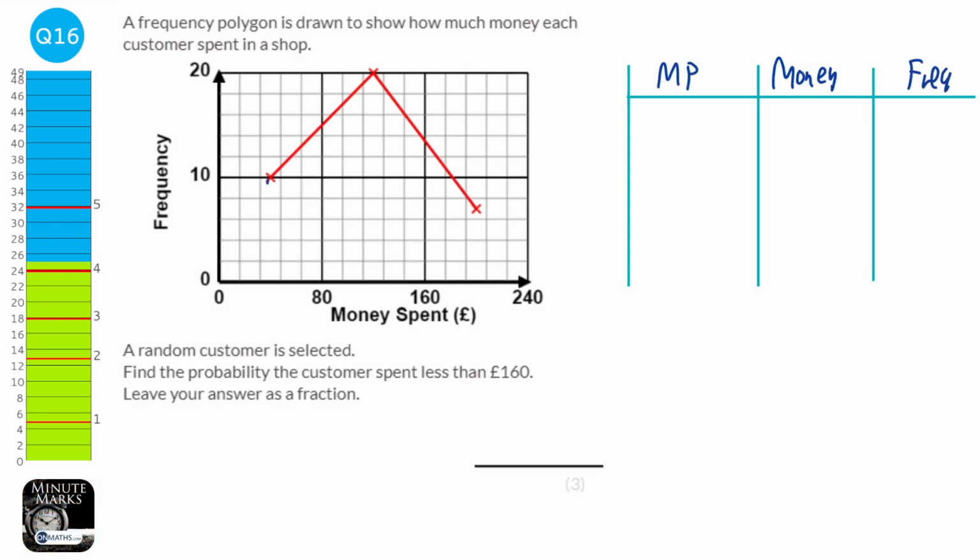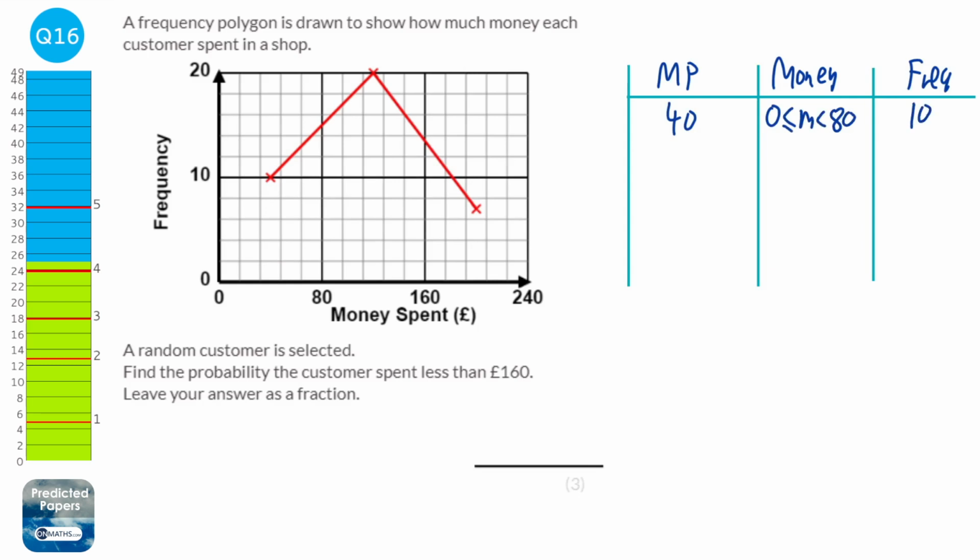So the first midpoint is at 40, and we can see that was in this group here. So that is 0 to 80, using m for money, and the frequency is how high it is, which is 10.